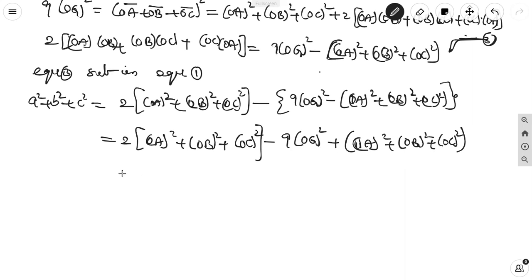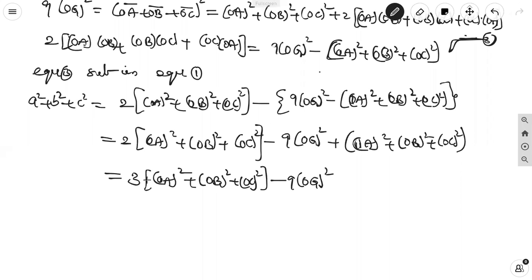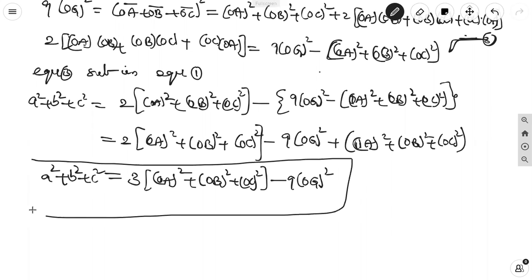So 2 plus 1 is 3. It is equal to 3 into (OA square plus OB square plus OC square) minus 9 into OG square, which is equal to a square plus b square plus c square. So it is proved. It is the solution.